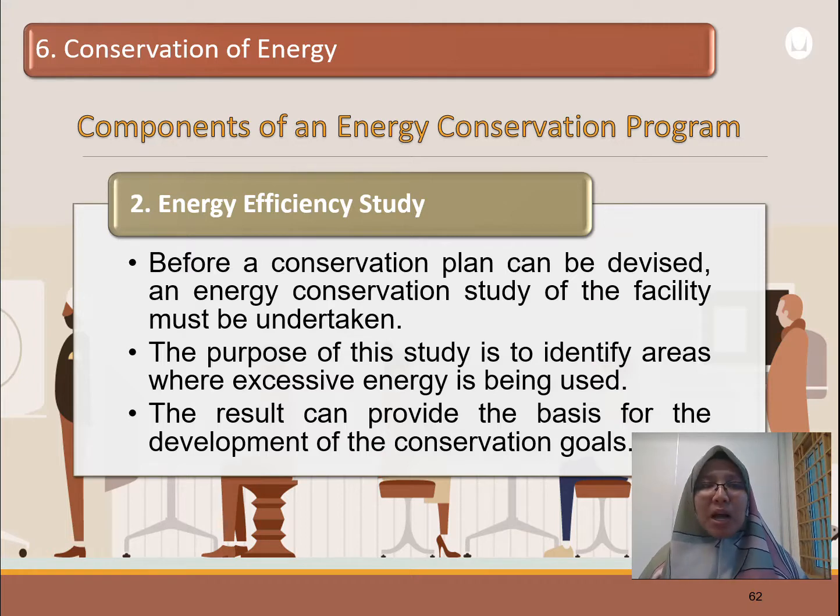For example, when you look at the utility bills, you can see that there's high or excessive energy use in a certain department. You need to look at the area and discuss why it uses excessive energy compared to another department in your organization. This is an example only. The result can provide a basis for the development of conservation goals.